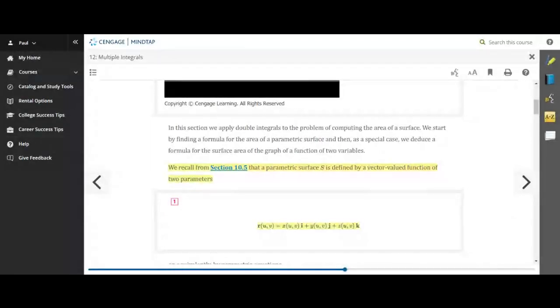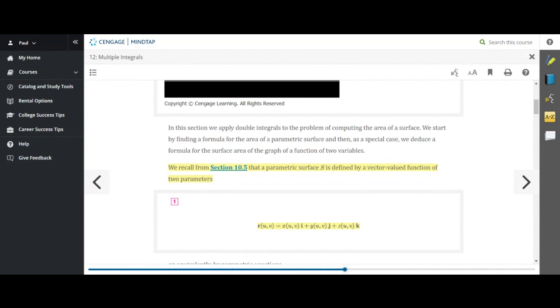Okay, so recall back in section 12.6 when you learned about surface area. We treated the surface, whether it's a cone, a paraboloid, or a cylinder, as a parametric surface that could be traced out by a vector function of two parameters, u and v.